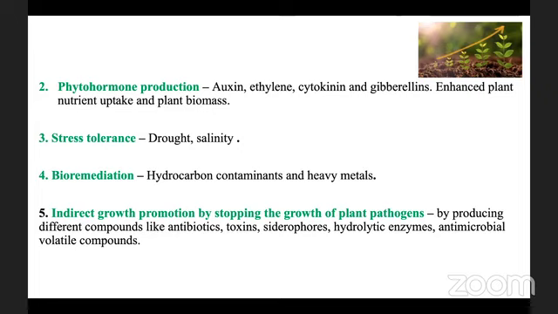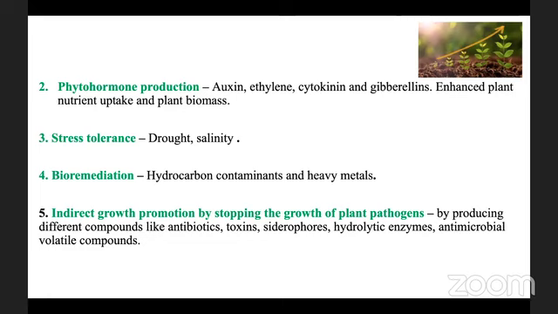Besides that, they are also helping the plant in many indirect ways, that is, they are producing toxins and antibiotics. Antibiotics is also a familiar term nowadays, as doctors frequently prescribe us antibiotics for infections, and they are also reported to be produced by endophytes.